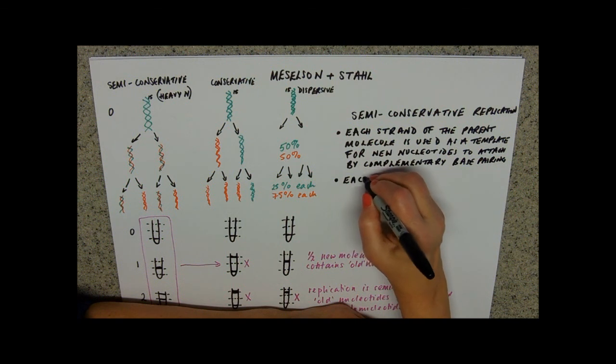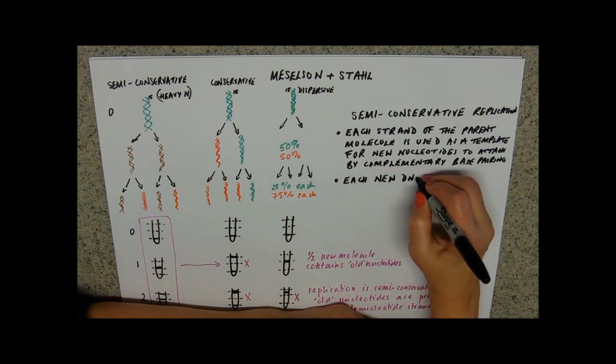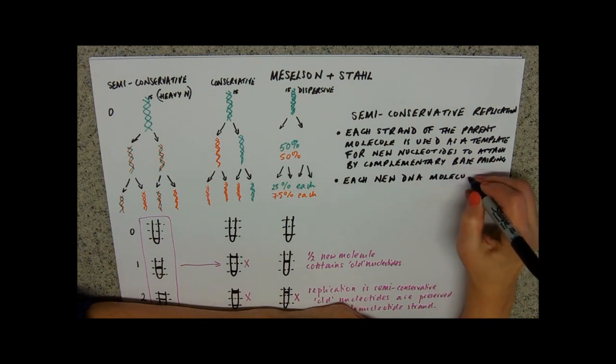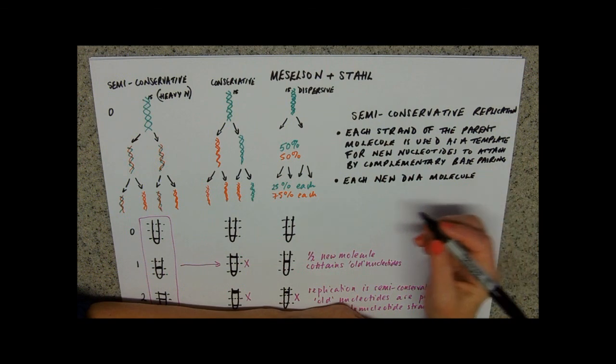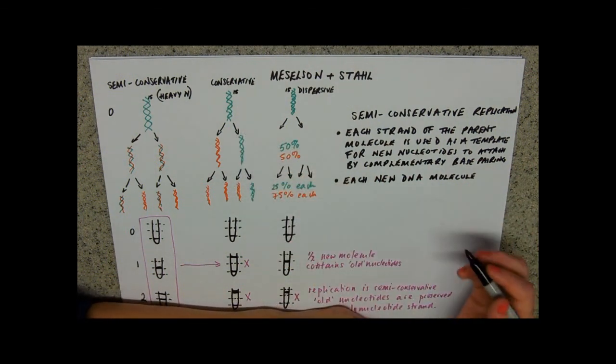and the result is that each new DNA molecule, and it has to be a molecule, you have to really know the difference between whether you're talking about a single polynucleotide strand or the molecule made of 2.